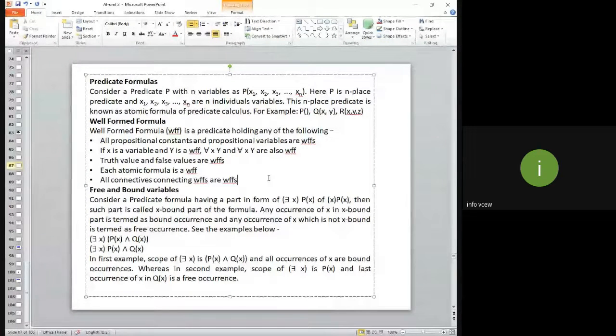Next are the free and bound variables. You heard the names free and bound variables in your school days.